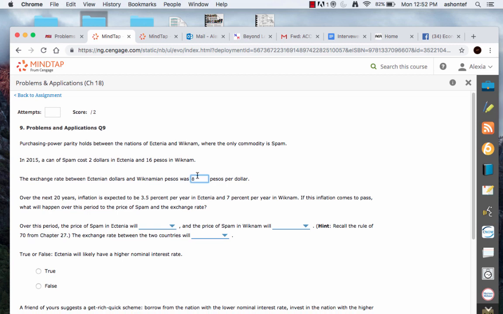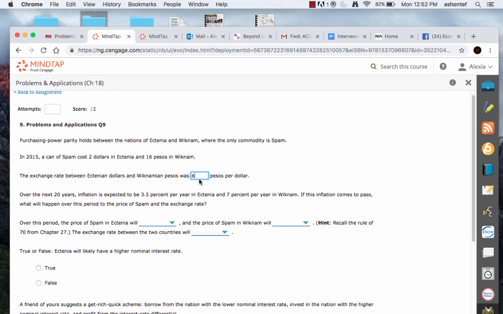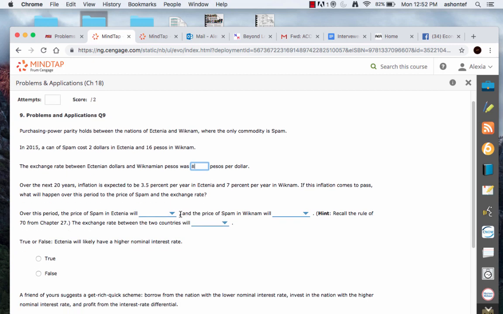Then we have one last question, and I'm just going to give you the answers. We take the price of Spam in Wickham and divide it by the price of Spam in Ectina, and that would be 16 over 2, which gives us 8. Here you're going to put double, quadruple, and double.